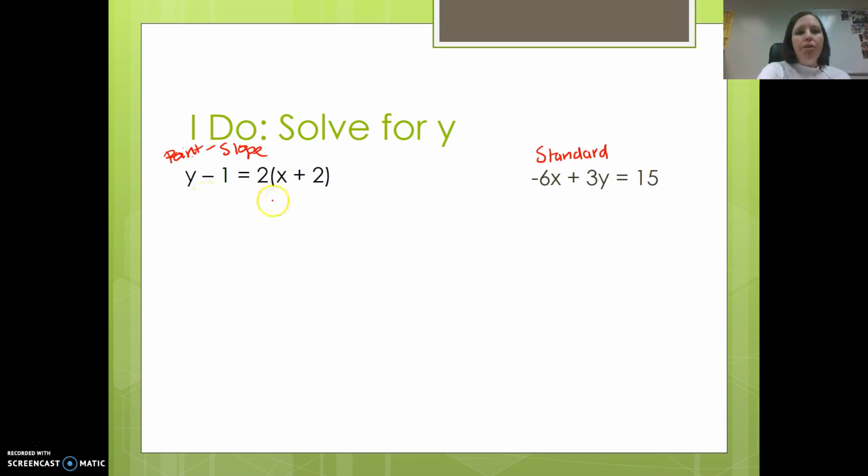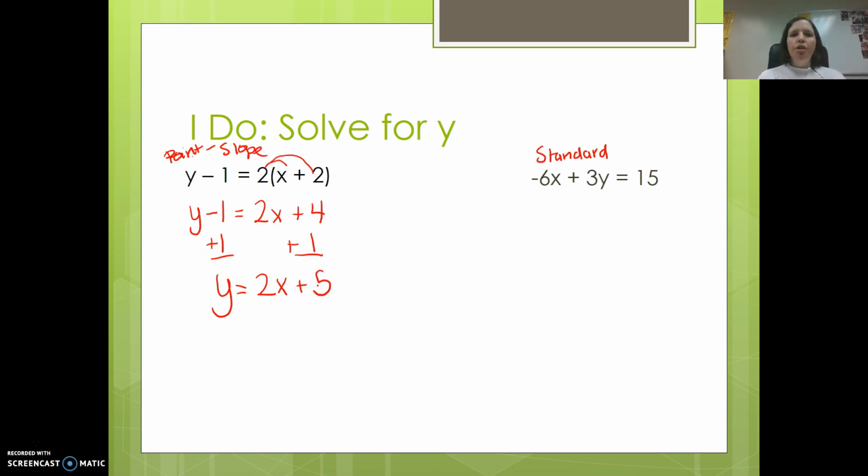So if I take a point slope form equation, I can distribute: y minus 1 equals 2x plus 4. Make sure you're careful about your distributing. You'd be surprised how often we forget to do the 2 times 2 there. And add 1 to both sides. If I get y alone and combine all my like terms, now I have an equation in slope-intercept form. The same thing we can do with standard form. Right now I have my equation in standard form.